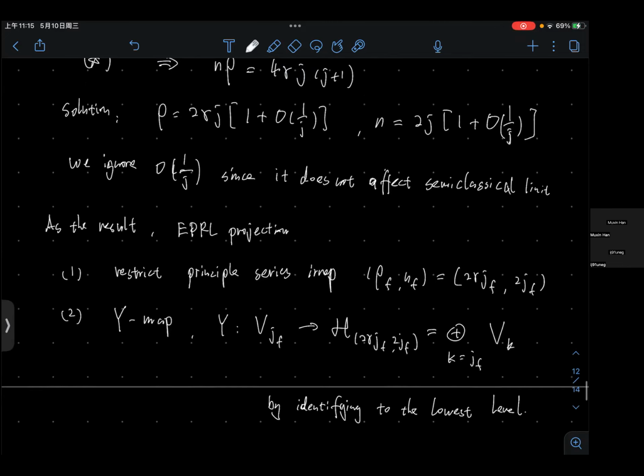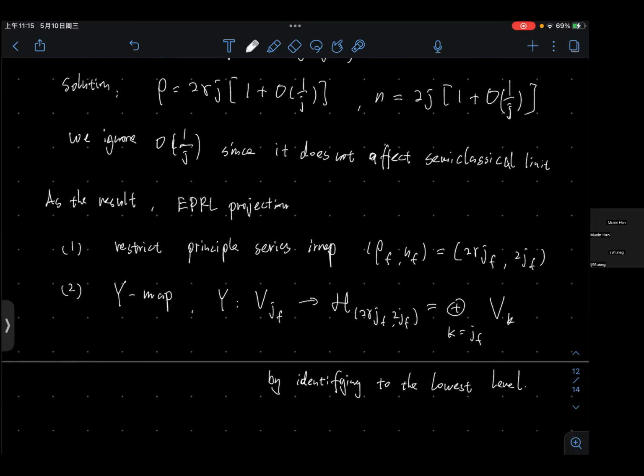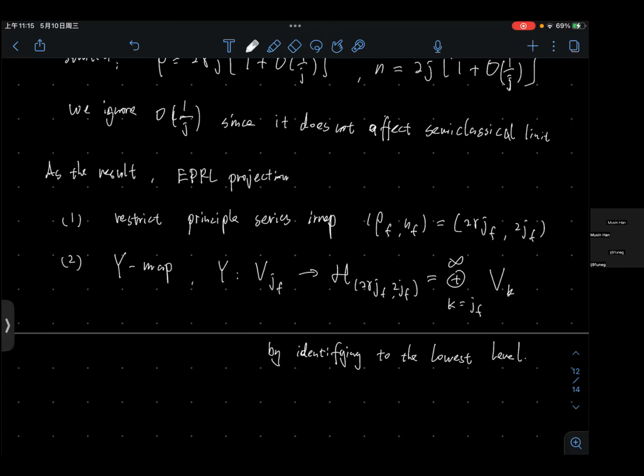Okay, this map is just identifying V_j to the lowest level in this infinite tower. Okay, and this is more explicit if we write in terms of the canonical basis. So for the SU2 representation, the basis is |j, m>.